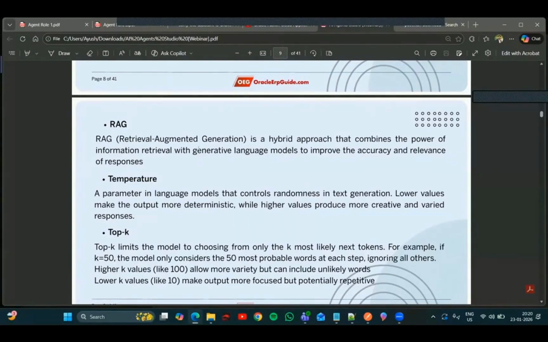What RAG does is that it takes a document and vectorizes it. We will come to what vectorization is in the next slide. It stores it in a DB, and whenever you ask a question from the document, it goes to that database where you have stored this vectorized data, and it will fetch those.